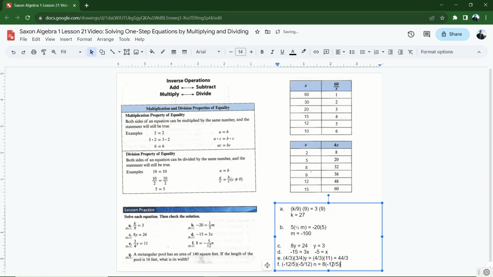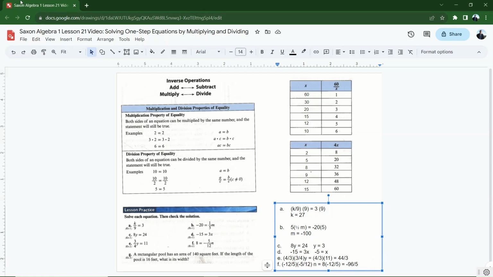Let's see, this one is a little bit harder to figure out. 8 times negative 12, that's going to be, what is it, 80 plus 16, 96? I believe that's going to be 96. So this becomes equals negative 96 over 5. Go ahead and just leave that as an improper fraction. It's going to be a negative improper fraction as the answer.